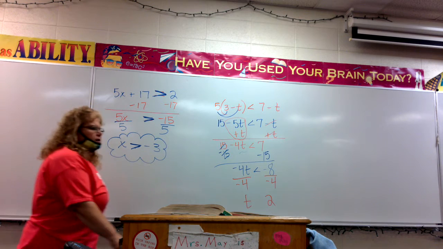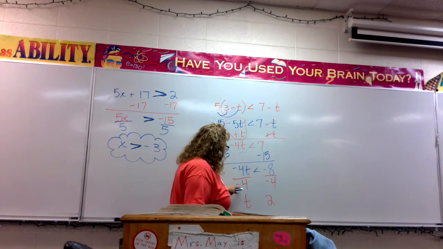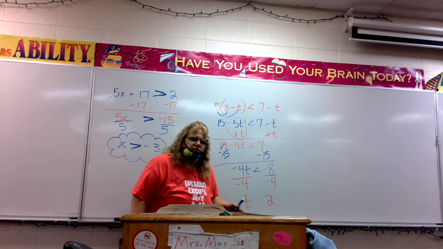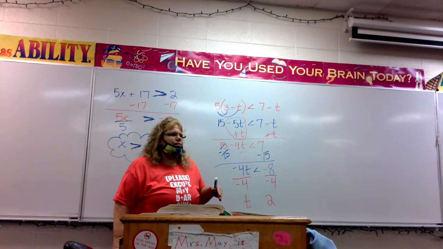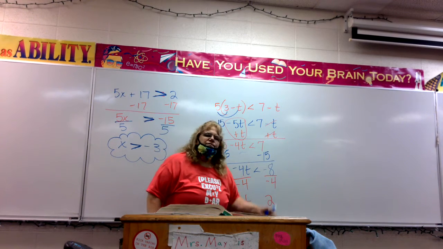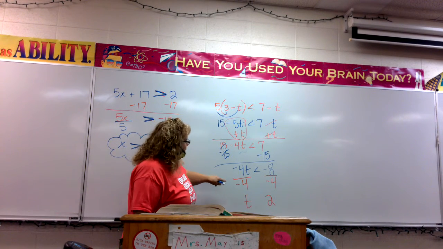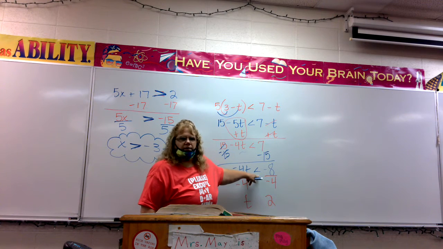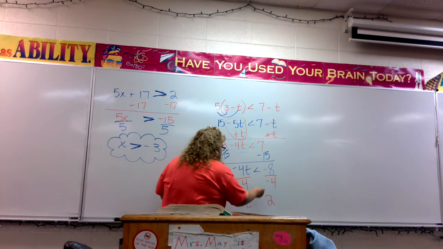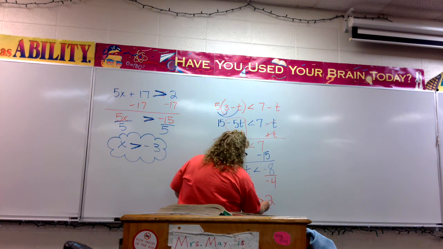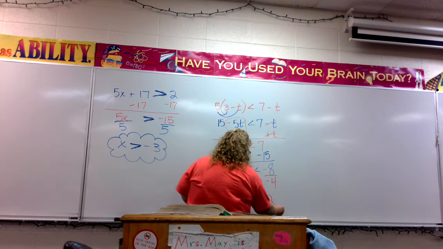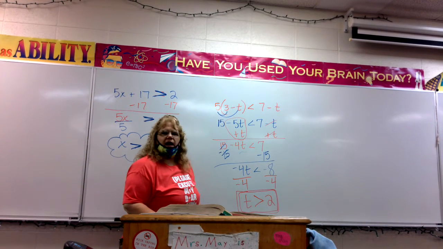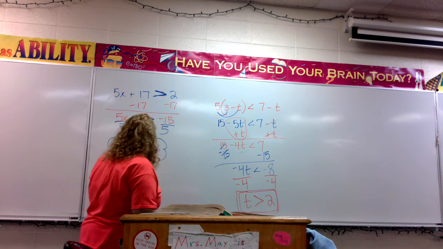When you multiply or divide both sides of the inequality by a negative, what do you do to the inequality sign? Flip it. So the only difference is if this is less than, I have to make it greater. And that's it, if you multiply or divide by a negative.